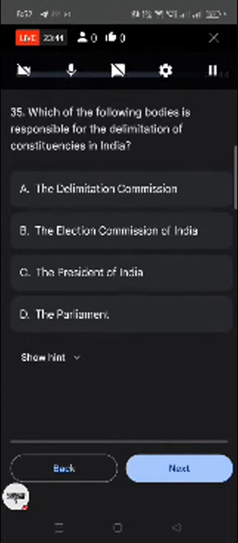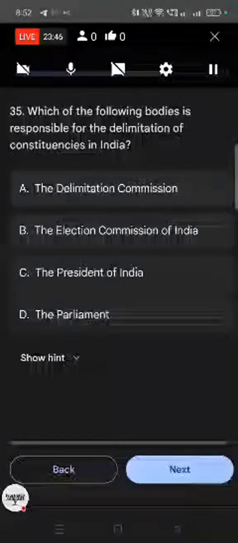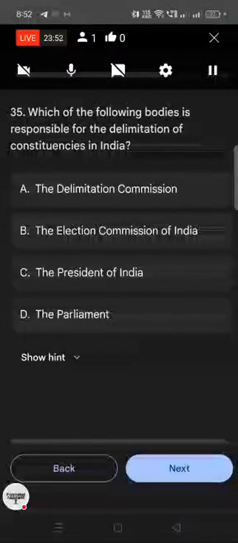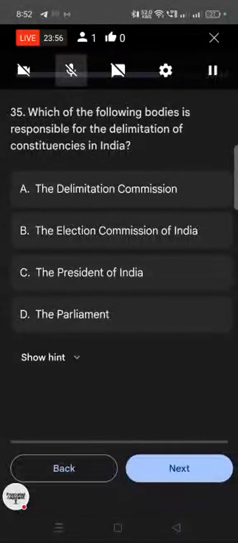Which of the following bodies is responsible for the delimitation of constituencies? Election Commission of India, President of India, Parliament.